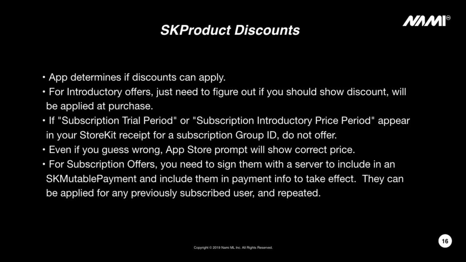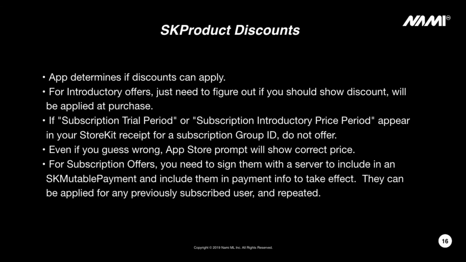And so to see if you can actually apply an introductory offer, you need to look in there and see if they've ever used an introductory offer before by looking for these particular strings within the receipt for a subscription group ID. That's a little bit tricky, because then you need to figure out how to parse this. The parsing of that StoreKit thing is beyond me, but you can look up how to parse this and get into details of that. But that's the thing you have to figure out for that.